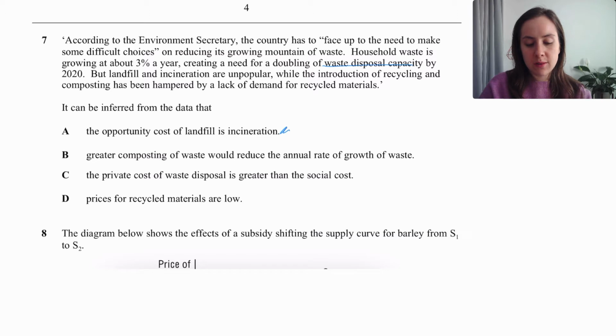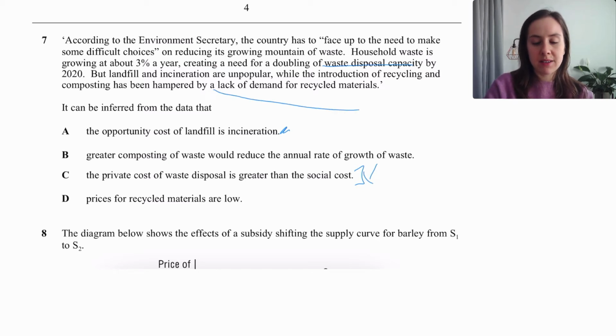Private cost of waste disposal is greater than the social cost. That would be true if it has some kind of environmental benefits. No, I think only the recycling thing is good, so I don't have information on that. Price of recycled materials are low. Yeah, there's a lack of demand for recycling. There we go, that's the answer.